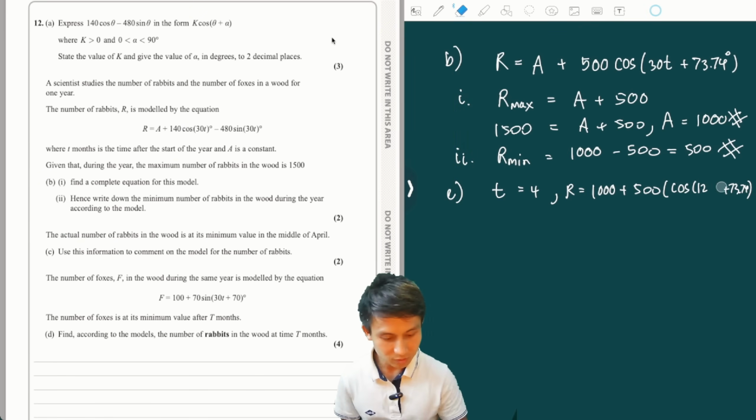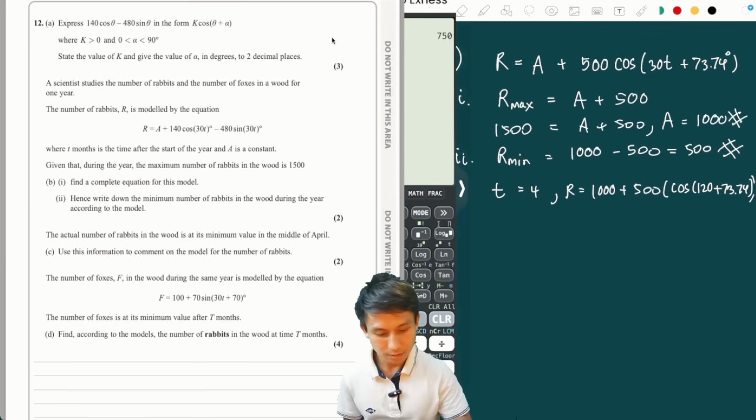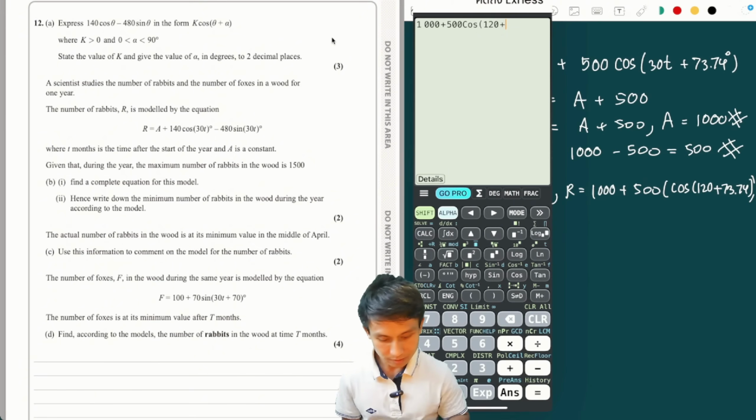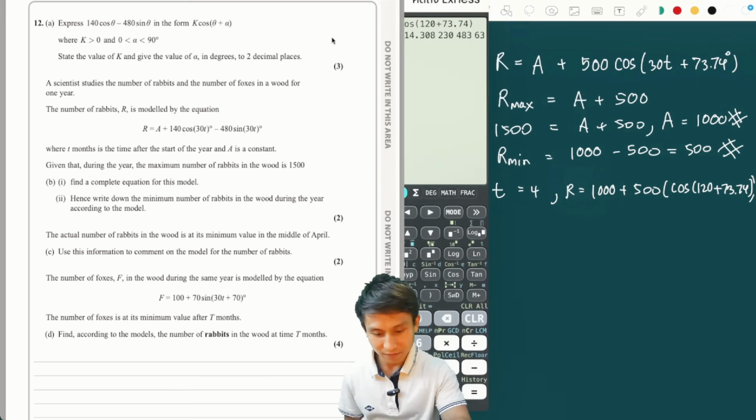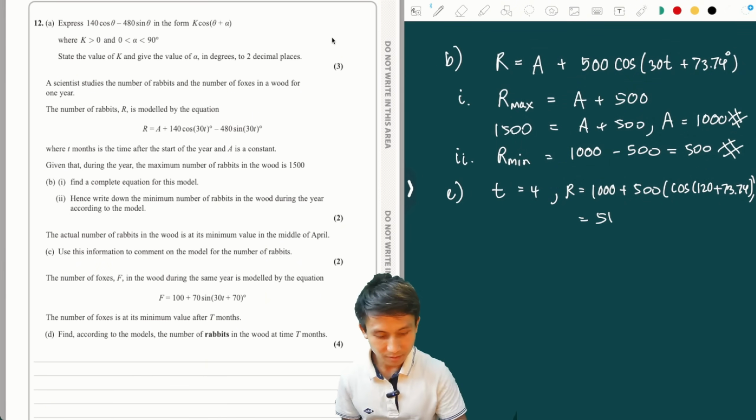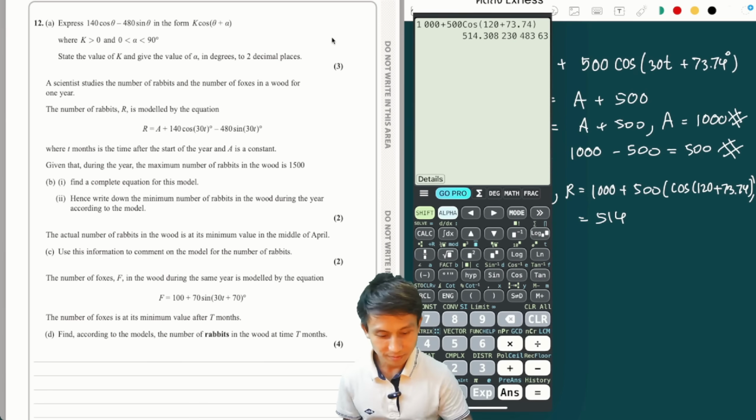This has to be 120 plus, right? Yeah, 4 times that is 120 plus 73.74, and that is the value. So that's about 514 rabbits.